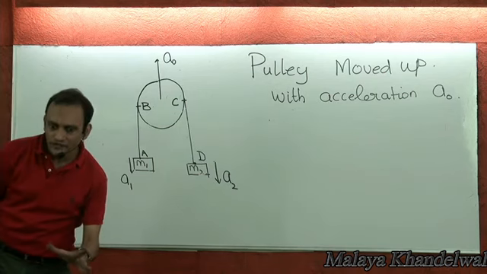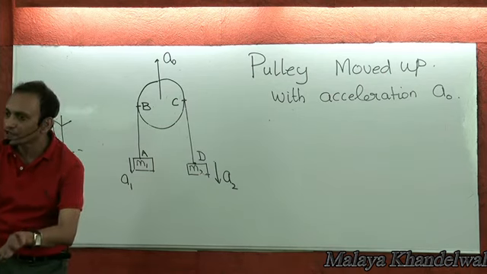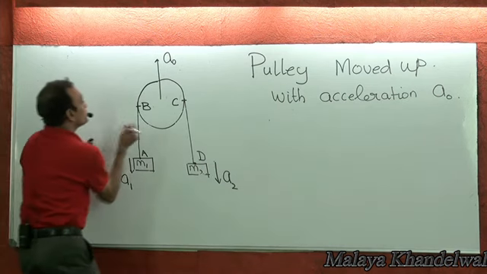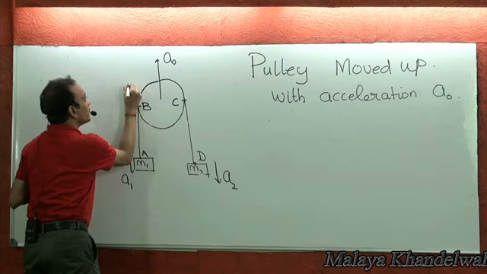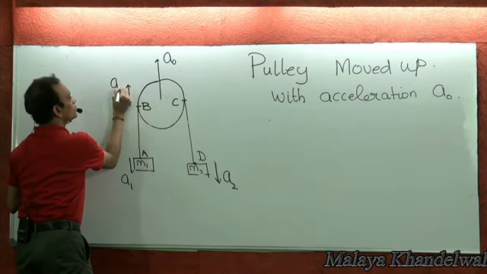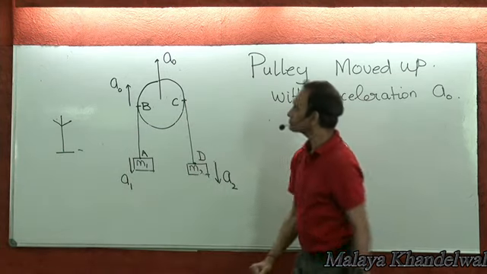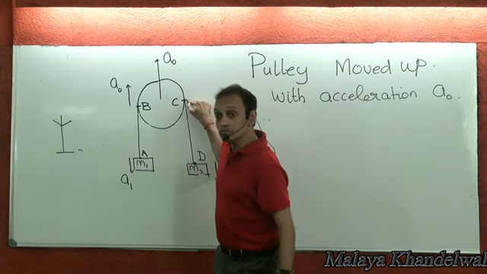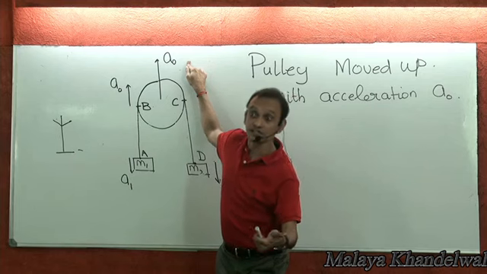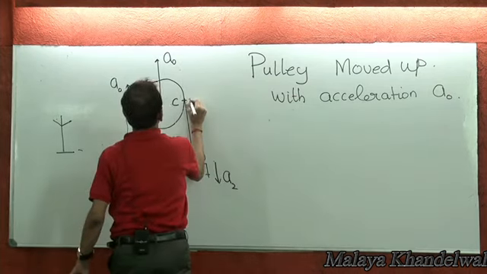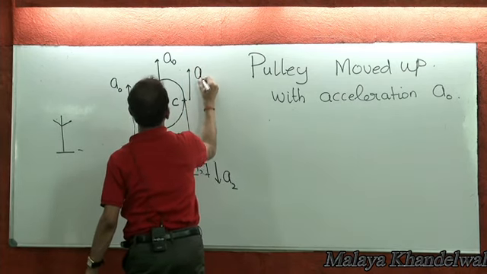Right? And by the way, whatever I am doing with accelerations, I could do with velocities. So with B, I'm going to assign A0 upwards. How about C? Upwards, precisely. C is also going to be A0 upwards. Very good.